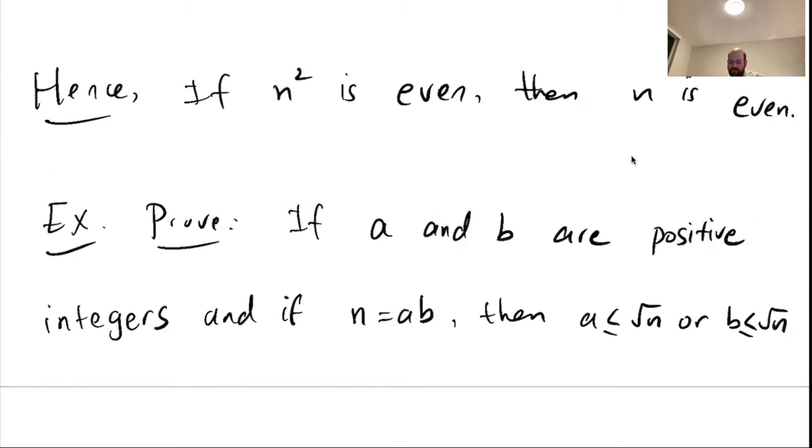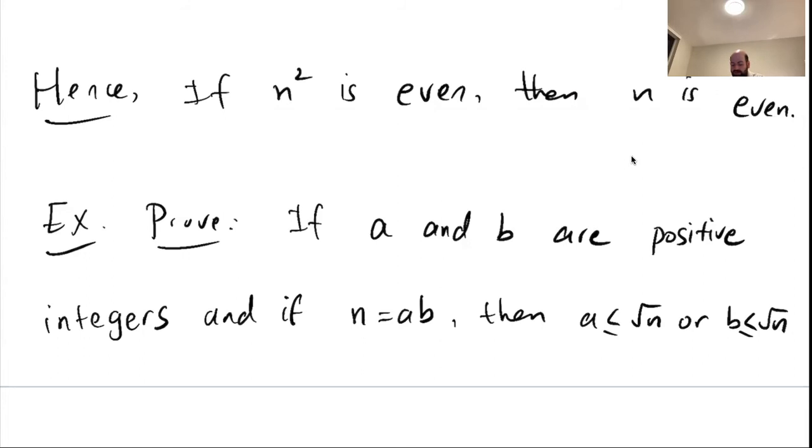Okay, so again, one way to do it is to try to prove it with a direct proof. But again, if you want to do direct proof, you will be stuck, because you have to start with the assumption. The assumption is n equals AB, and then in the conclusion you have root n appear. So then you have to take square root n equals root a times root b.